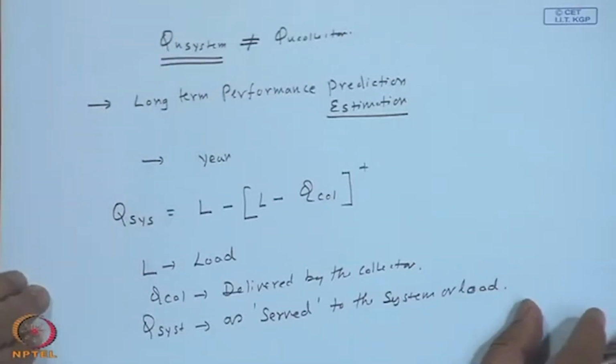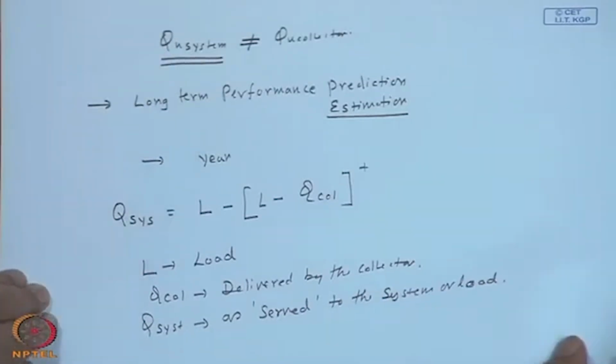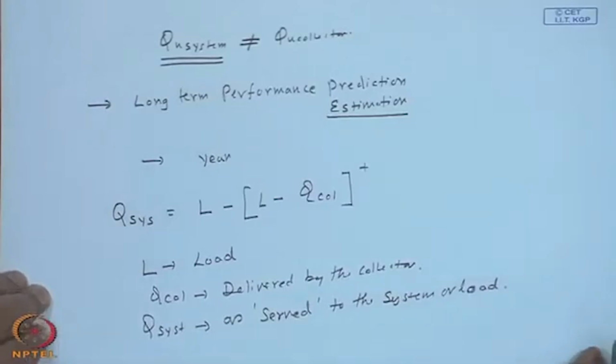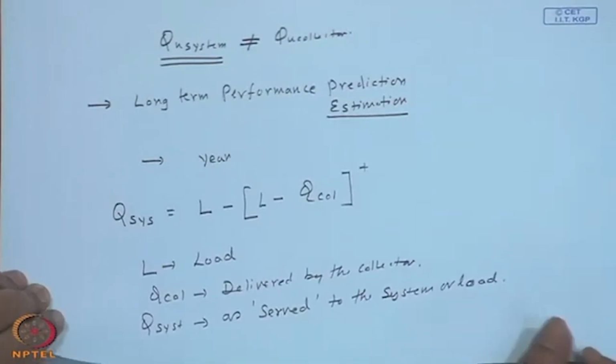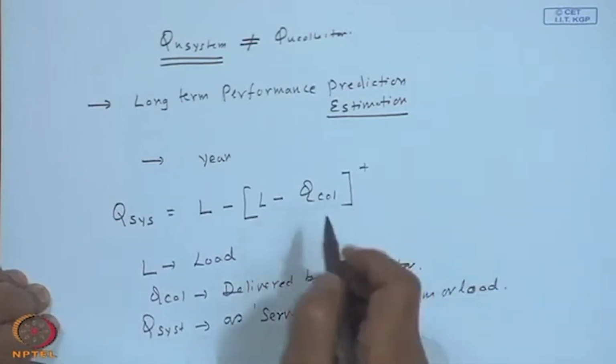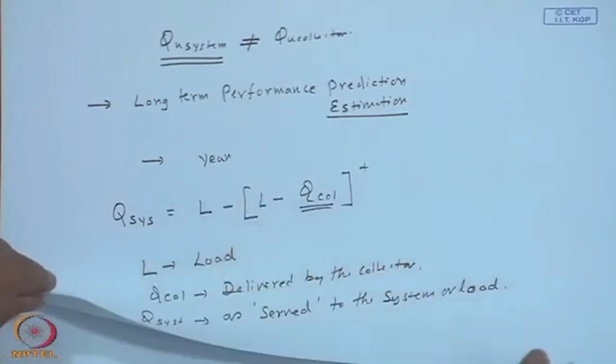In other words, you have got 500 liters of requirement, you got 498 liters, then the Q system is 498, and whatever is the Q collected should be equal to Q system.